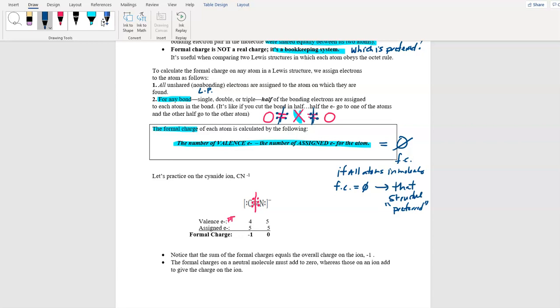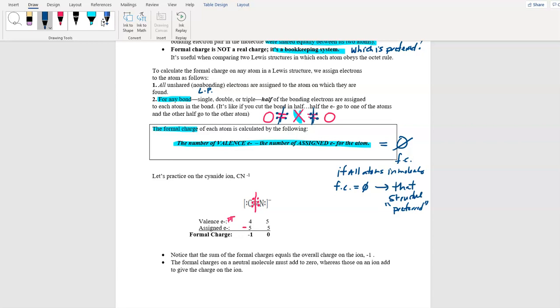I have these 2 lone pairs on carbon plus 3 electrons from the bonds, so I got 5. And this nitrogen has the 2 lone pairs and these 3 electrons on this part of the bond, so he's got 5. You subtract the numbers. 0, and because it's a charge, as in plus or minus, it's not a true charge, but because you're taking 4 minus 5, you will get a negative number, and that's okay.